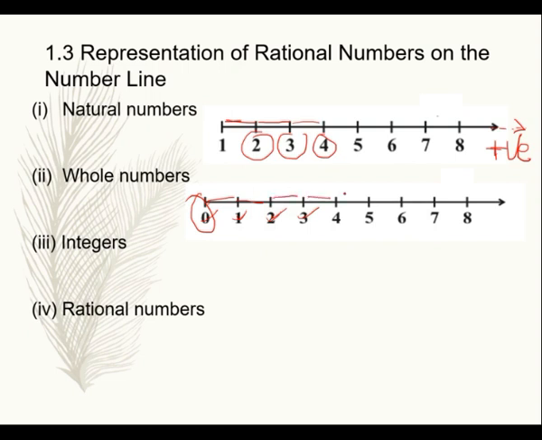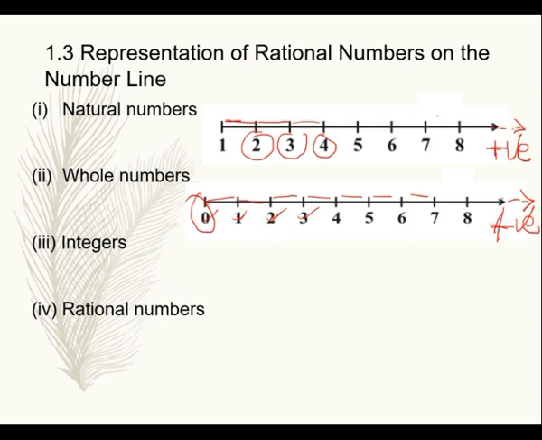So these distances are equal. Similarly, we go to the right side of 0, which we call the positive direction. Children, here also there is no end to this number line. That means infinitely many whole numbers can be shown on a number line.